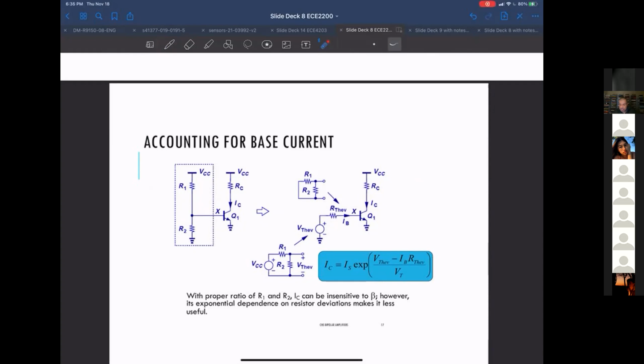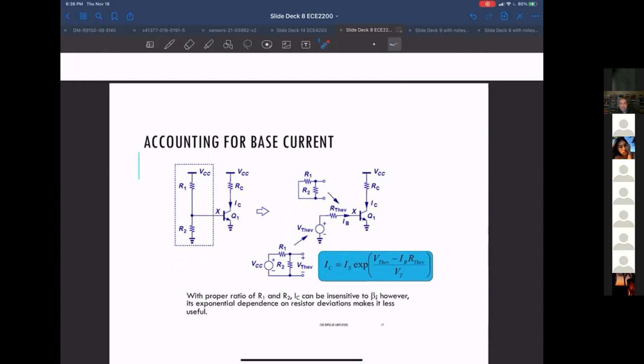But just going back, what we did was we said, okay, we're going to make R1 and R2 small enough that the current through them is going to be much higher than I sub b, and we can ignore I sub b. But if you wanted to actually calculate the effect that I sub b would have, you do a Thevenin equivalent of this, and then you would replace this with the Thevenin equivalent and actually calculate what would happen here with different I sub b values.